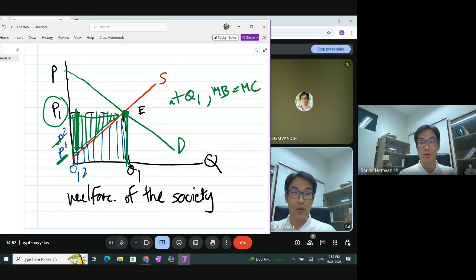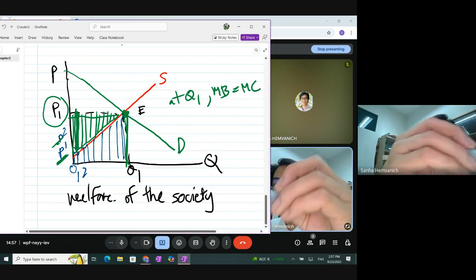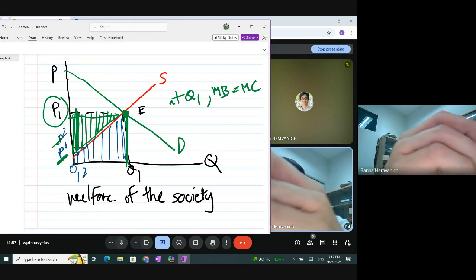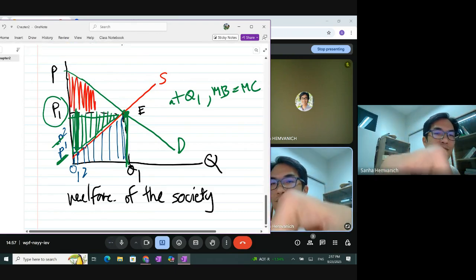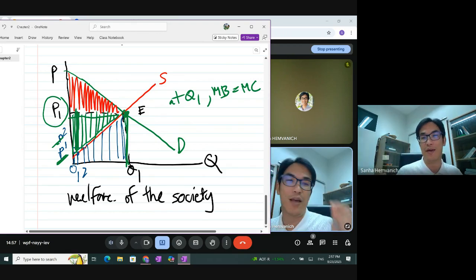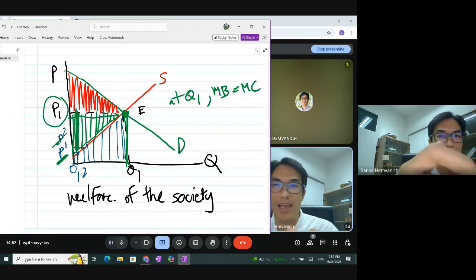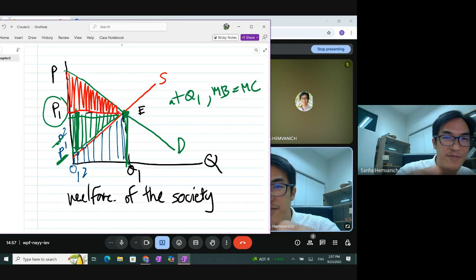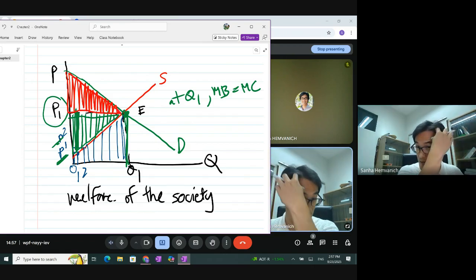So the total marginal benefit, right? Okay, let me highlight this. Now we have three colors: the red area is here, the green area is that, and then the blue area.